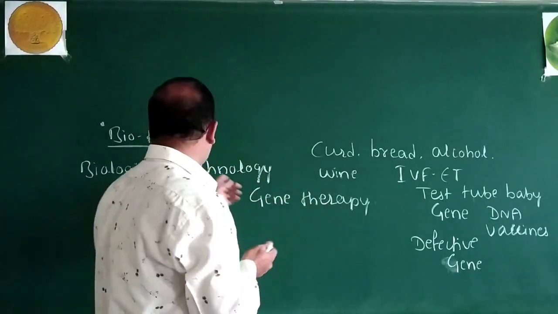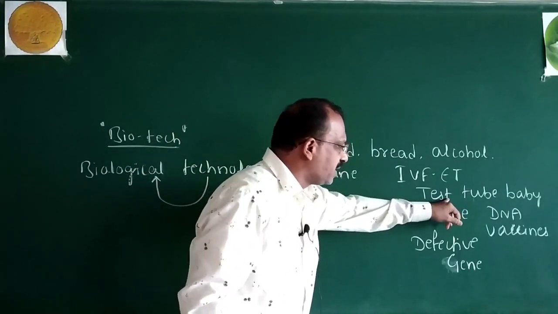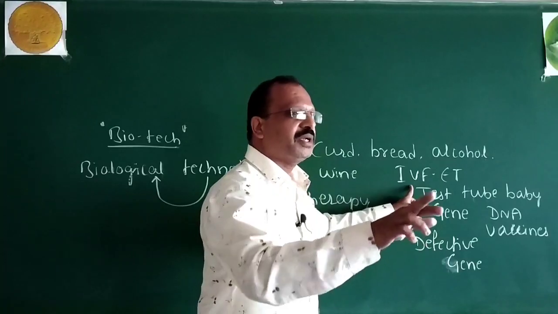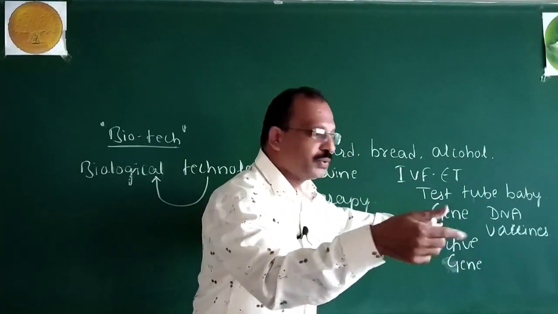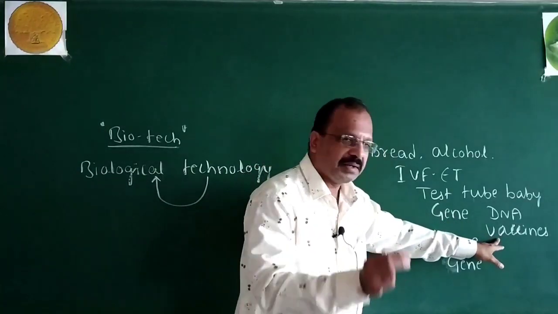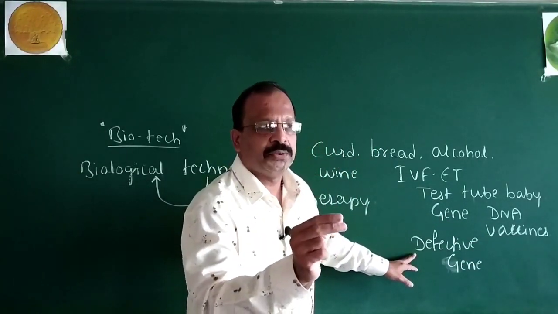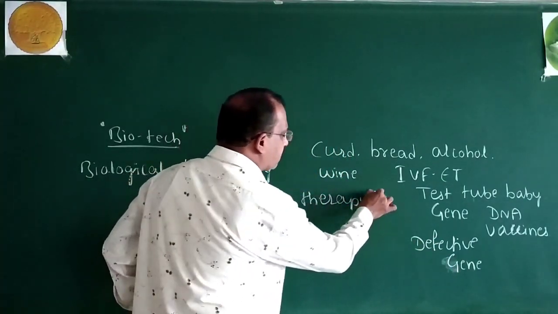All they are included under biotech. In addition to that, it also includes test tube baby, or you can call it in vitro fertilization and embryo transfer, synthesizing a gene and using it, developing DNA vaccines and correcting the defective gene. Correcting the defective gene is nothing but gene therapy.